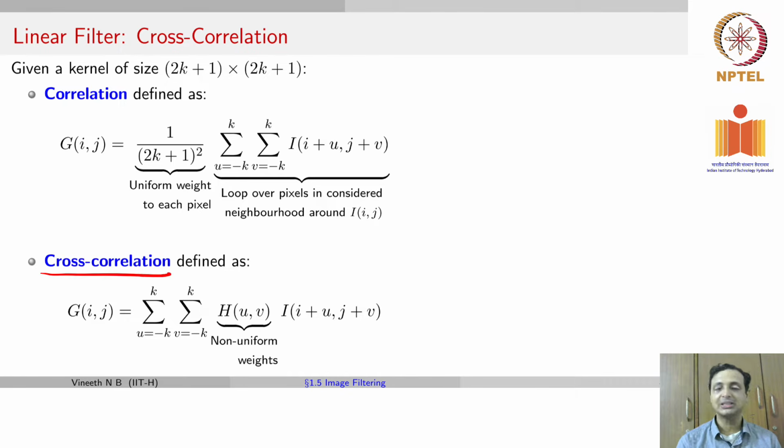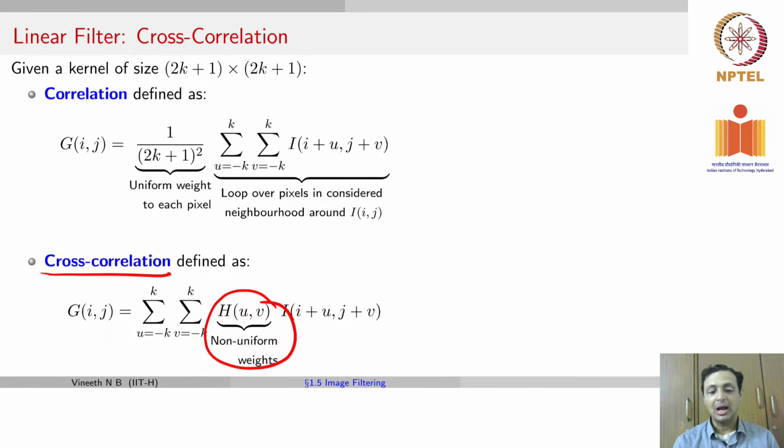And in cross correlation, the key difference here is that you now have non-uniform weights where you specify what should be the linear combination. So if you're going to add up all the pixels in a neighborhood, should you simply add up an average, or should you multiply each of those elements in that neighborhood by some value?